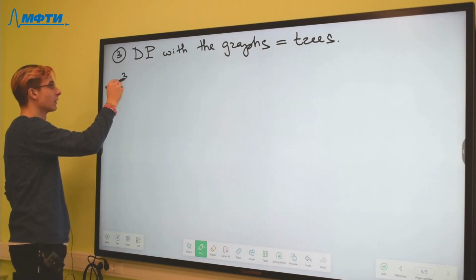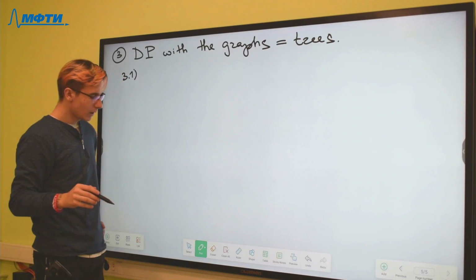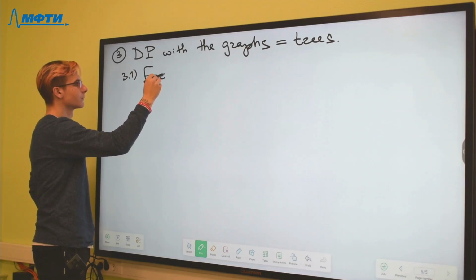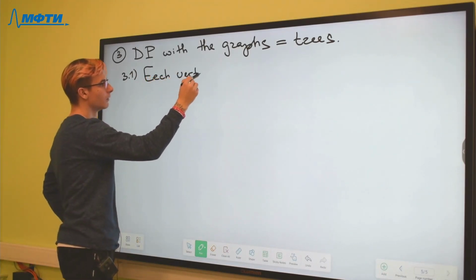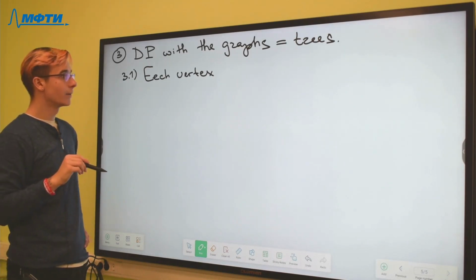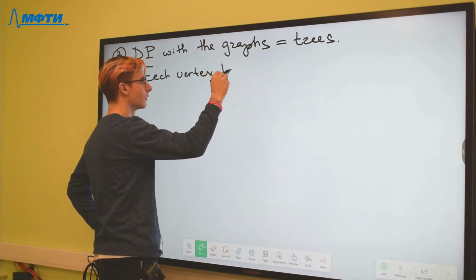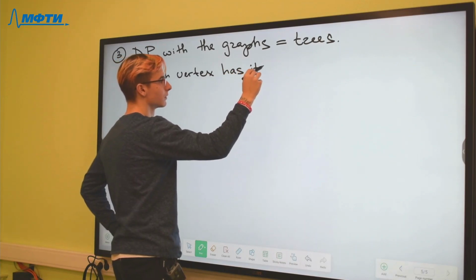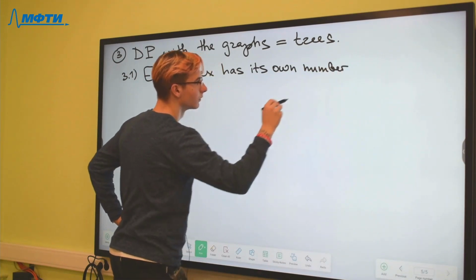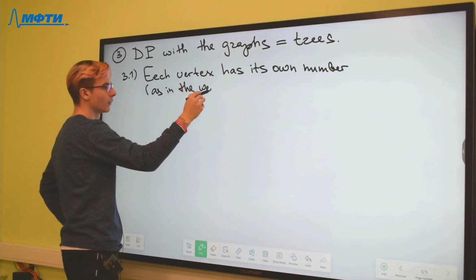Task 3.1, for example. Each vertex in the tree has its own number, as in the weighted graph.